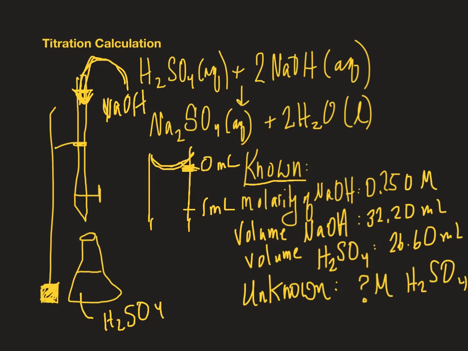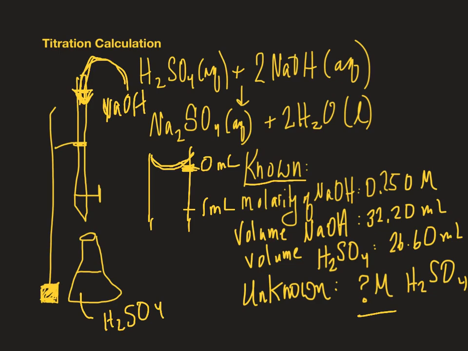Typically, you measure out an exact amount with a volumetric pipette or a graduated cylinder, something along the lines of 25.0, a nice even number, but in this particular case, that's how much was put in below, 26.60 milliliters of our acid. And with this particular experiment, we're determining the molarity of that acid.